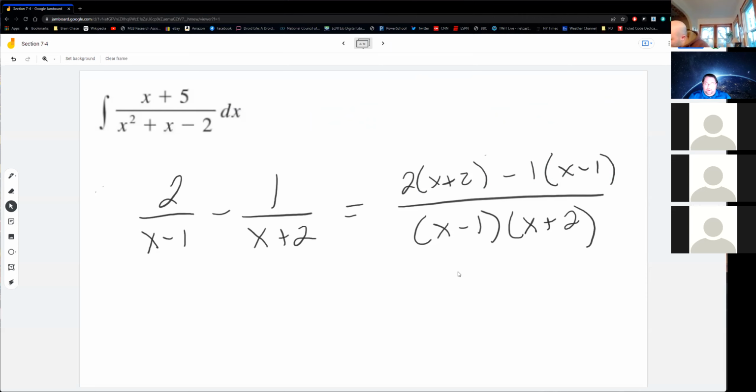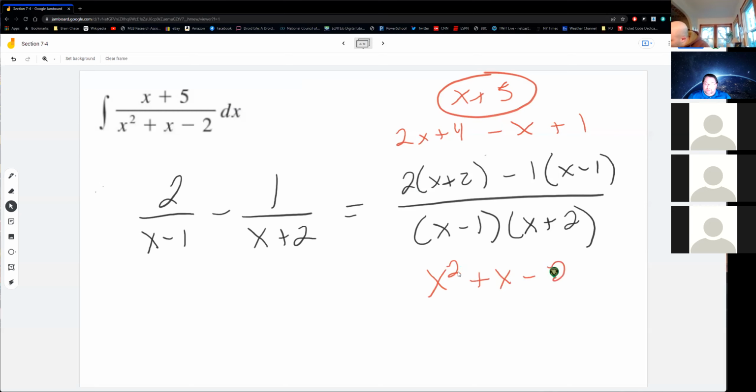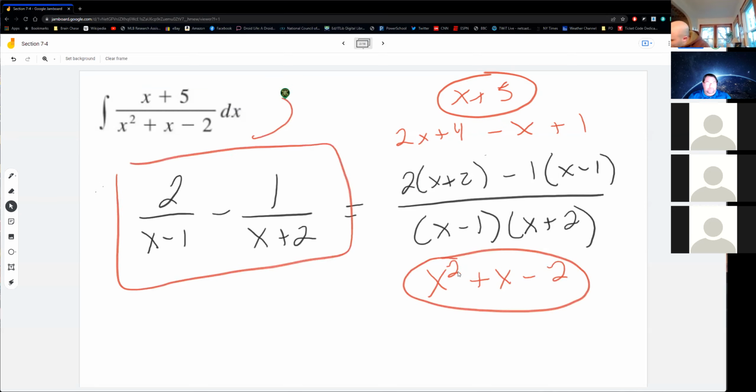Clever. So this one is just 2x plus 4 minus x plus 1, which if we combine those gives me x plus 5. And the bottom, if I filled it out, would give me the x squared plus x minus 2. So this problem right here is the same as that problem.